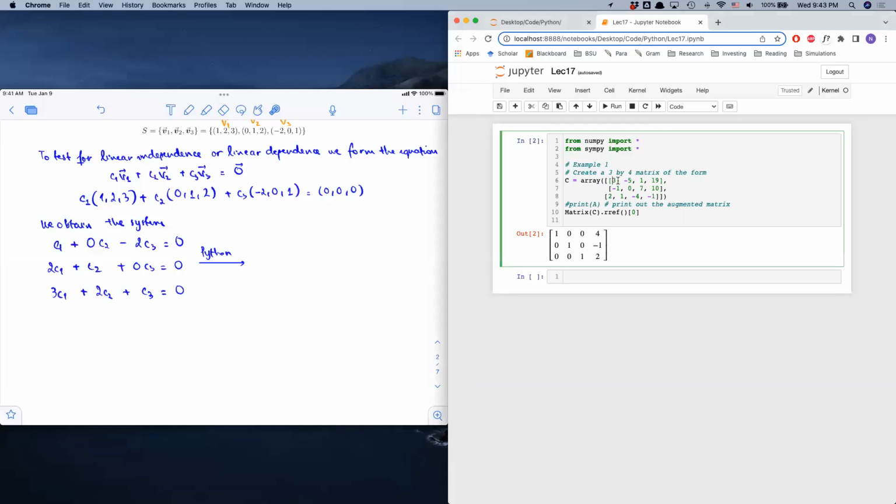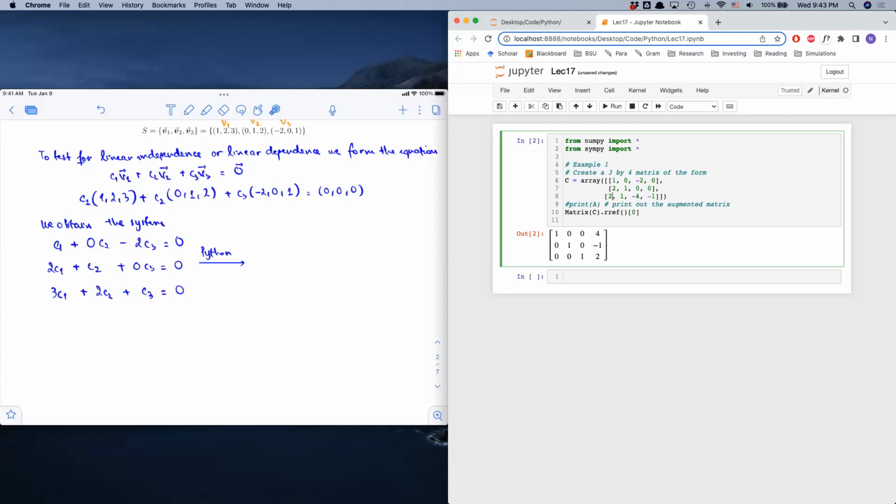So now the augmented matrix is 1, 0, -2, and the last entry is 0 as well. The second row is 2, 1, 0, and 0.